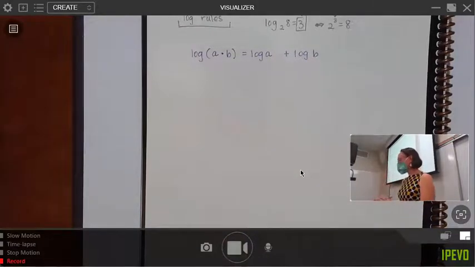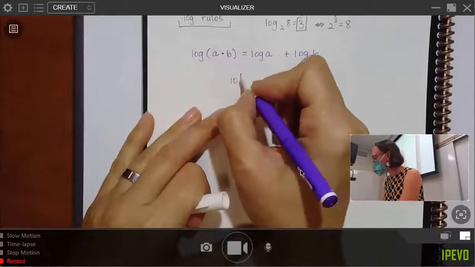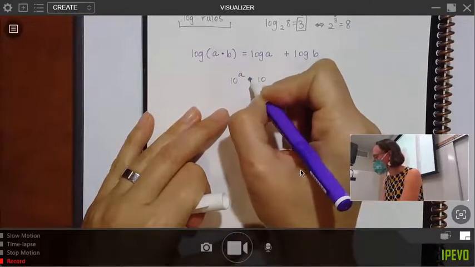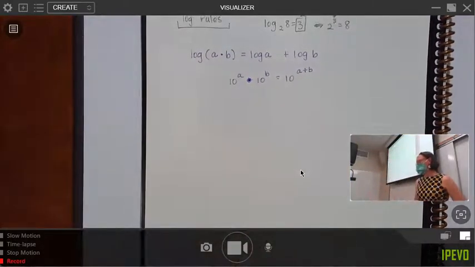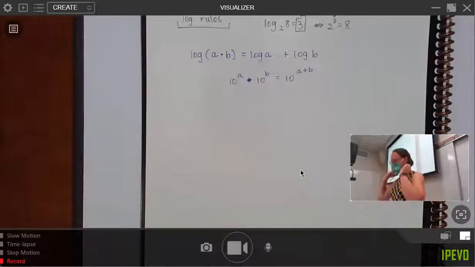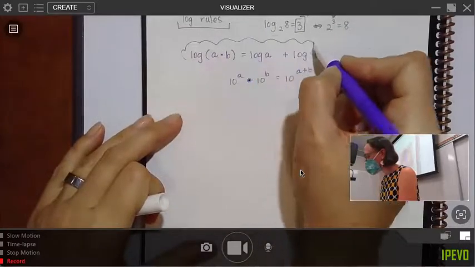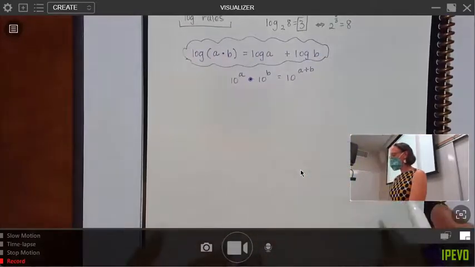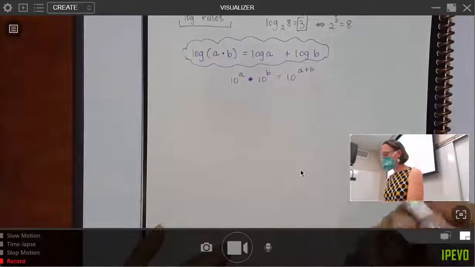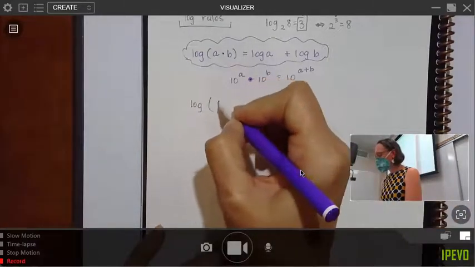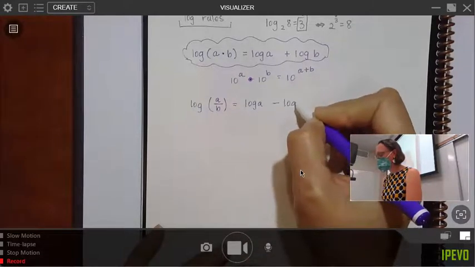This is the log equivalent of saying something like 10 to the A times 10 to the B is equal to 10 to the A plus B. This is just our additive law of exponents. This is the log property that goes along with it. Now, similarly, we also deal with negative exponents. And if I have log of A divided by B, that's the same as log of A minus log B.